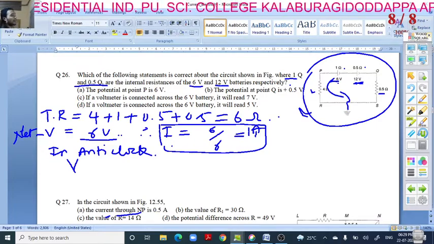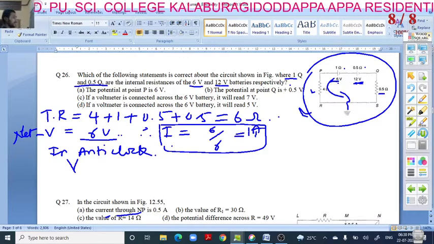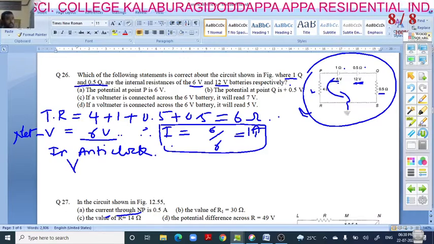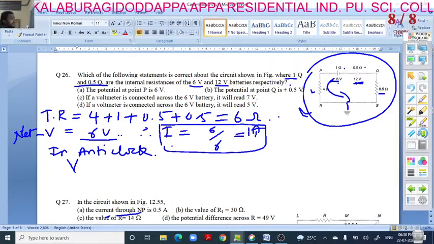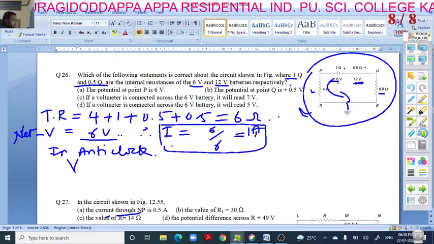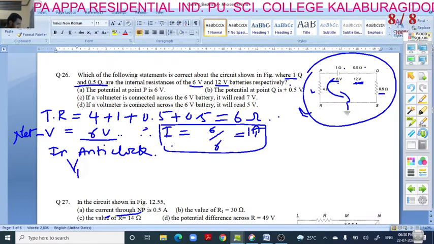If a voltmeter is connected across the 6 volt battery, it will read 5 volt. Some options he has given. So here I want to know the potential at P and Q, so that I come to know which statement is correct.